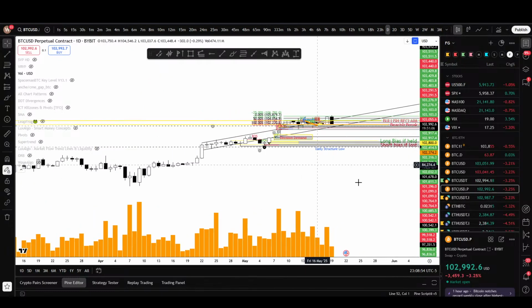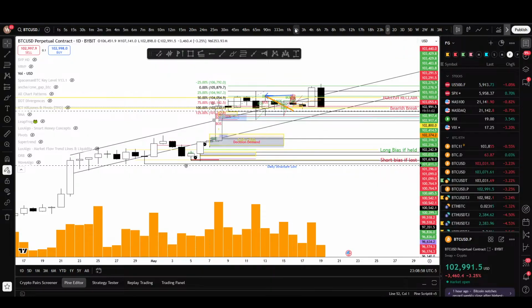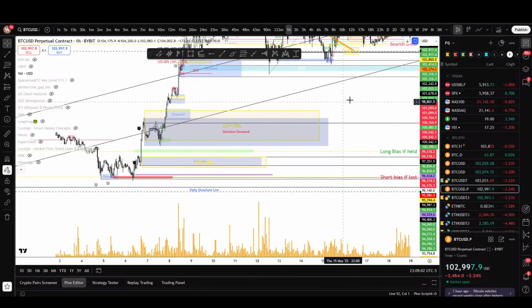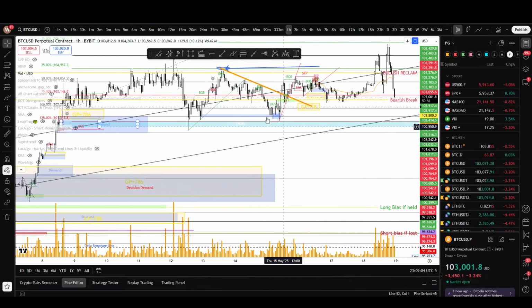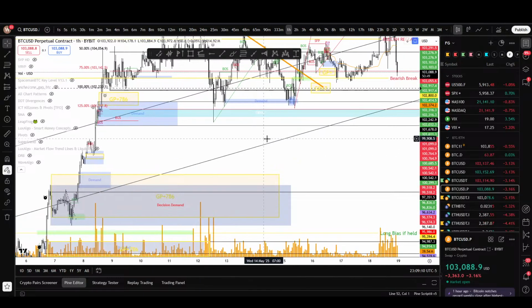But let's talk about trading the range. One of the most profitable trades that we called twice was this 101,317 level, or like 101,340. Why is this level important?